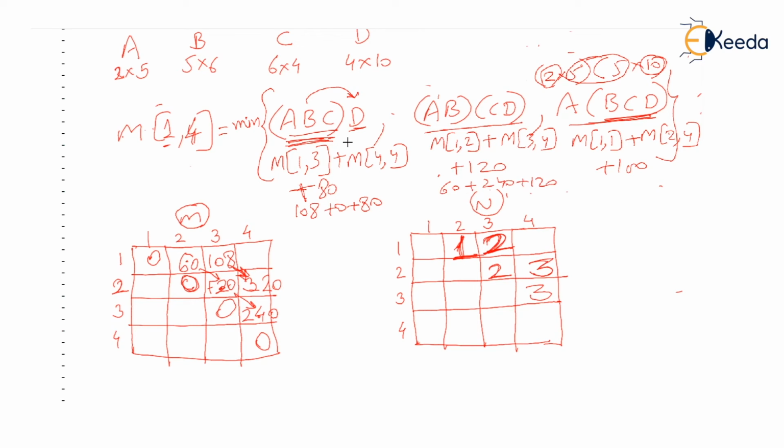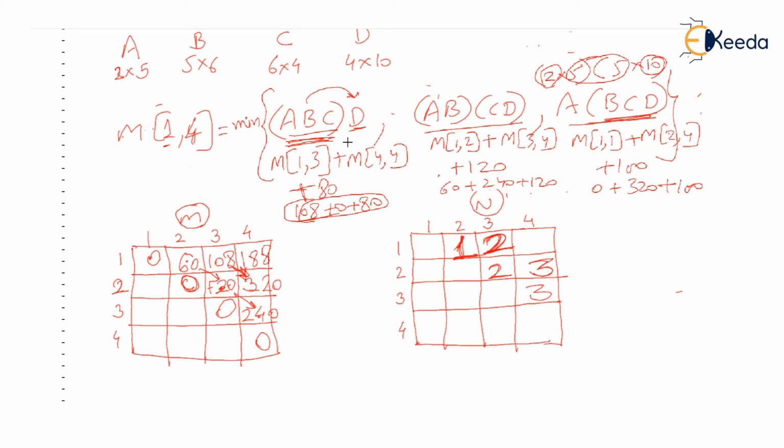M11 here is 0, M24, as you see, is 320, sorry, plus 100. And the minimum over here, needless to say, is 108 plus 80, isn't it? 108 plus 80, correct? Which is 188. I'm not even computing the others, like 60 plus 240 plus 120 and 320 plus 100.